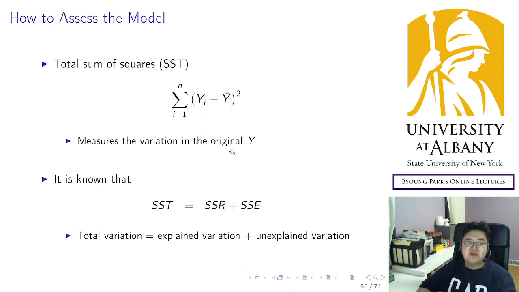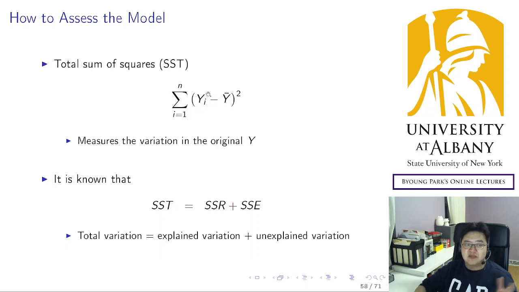The third sum of squares is the total sum of squares. This is literally the variation. It is the numerator in the variance, and this measures the total variation in the original data y, right?